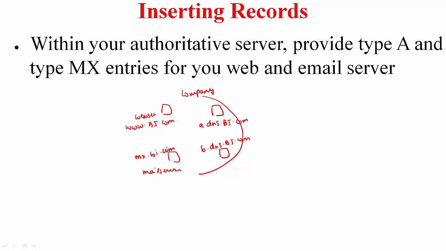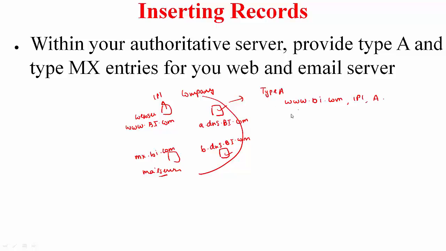By the way, capital or small letters don't make any difference. Now what you do is within this authoritative DNS servers, you are going to maintain a type A record that corresponds to your web server, where you basically note down that this corresponds to the IP address. Let me call it IP1 of this particular host, and this is a type A entry.